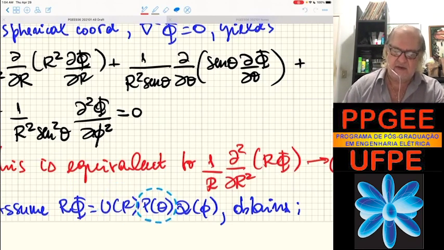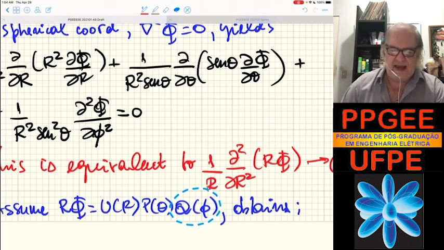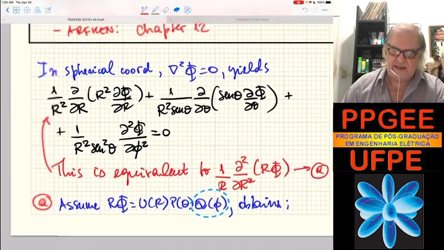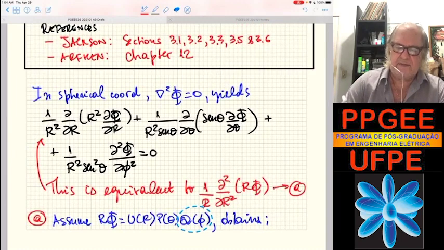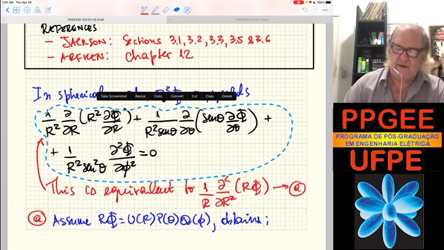One for the radial coordinate, one for the polar, one for the azimuthal coordinates. So when you do that, let me transpose this to my calculation here, because I'm just going to do one of those.